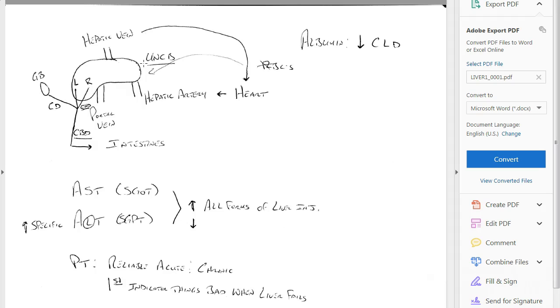If you take your total bilirubin and subtract the direct bilirubin from it, the difference between the two is your indirect bilirubin. So, a normal total bilirubin is typically between 0.1 to 1 milligrams per deciliter.